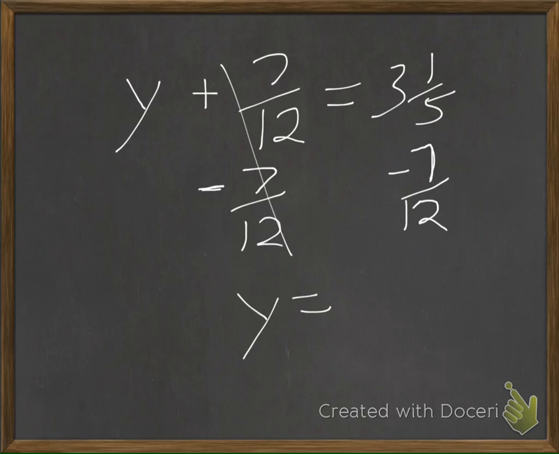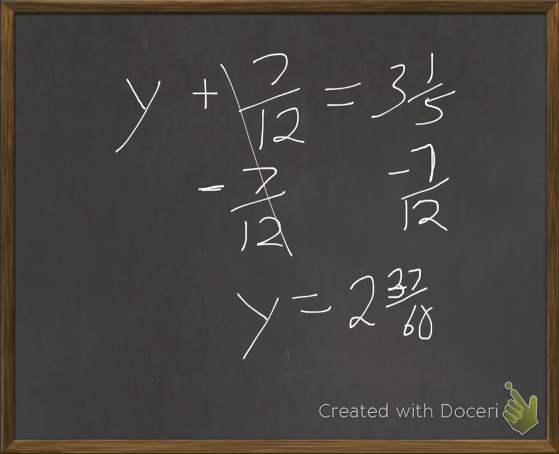Alright. So if I have this 3 1/5 minus 7/12, it gives me 2 27/60. Oh, excuse me, 2 37/60.